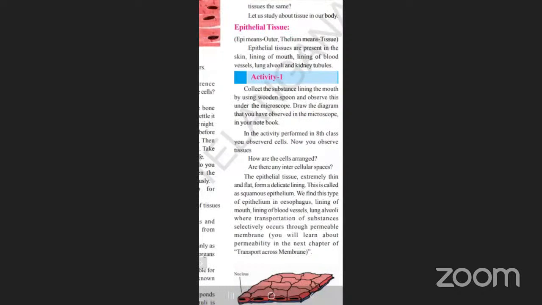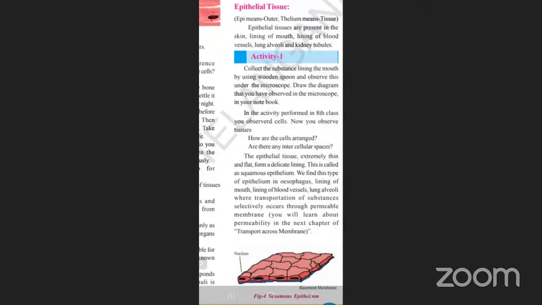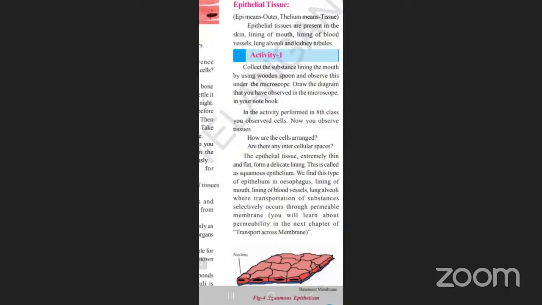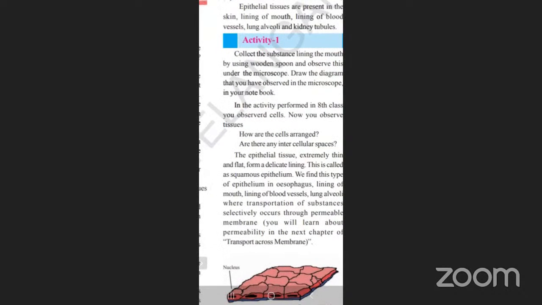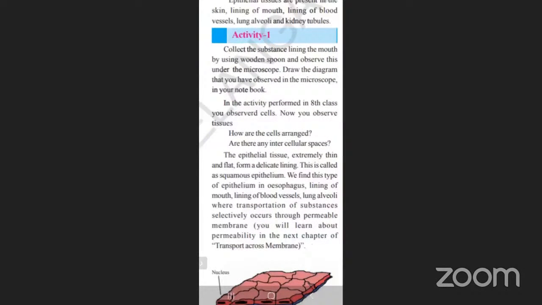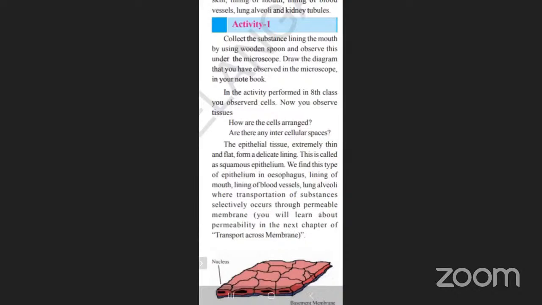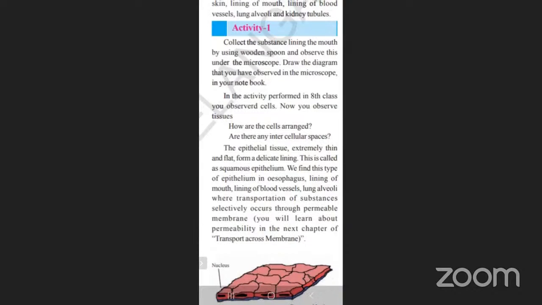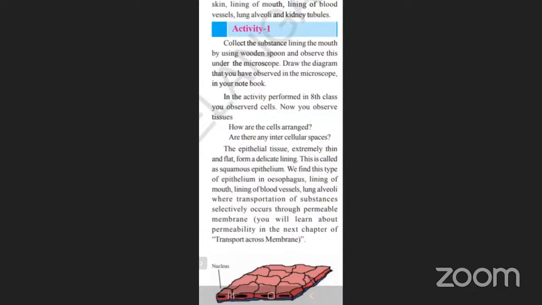Let us go deeply into that. Before that, I would like to repeat once again. The epithelial tissue is extremely thin and flat. What are the characteristics of epithelial tissue? Thin and flat, and forms a delicate lining. The tissue that is extremely thin and flat and forms a delicate lining is called squamous epithelium.